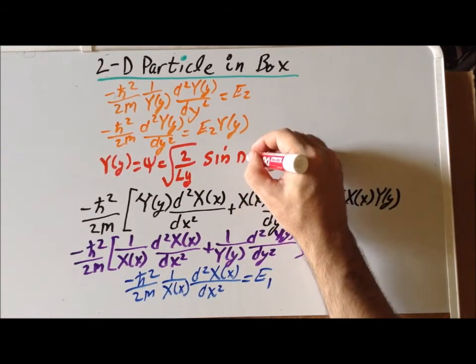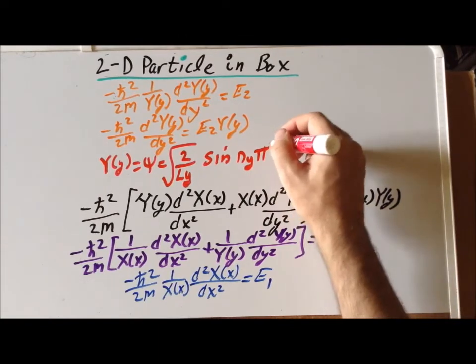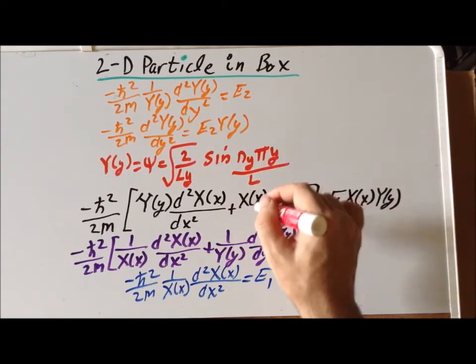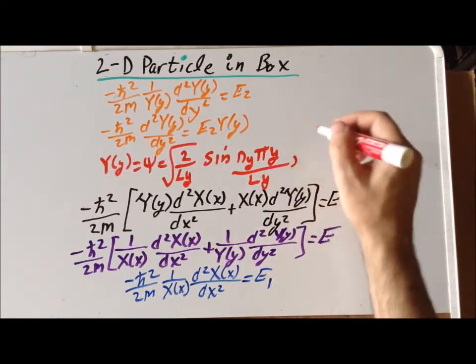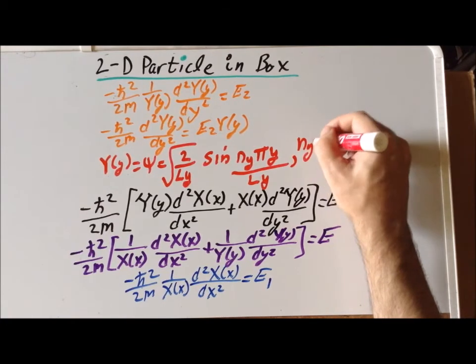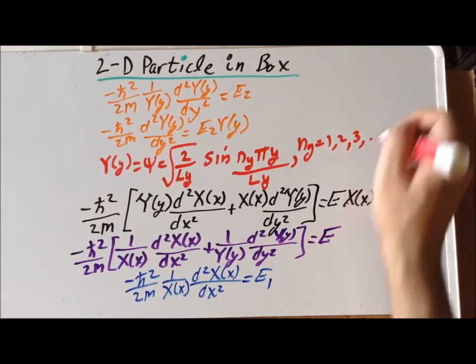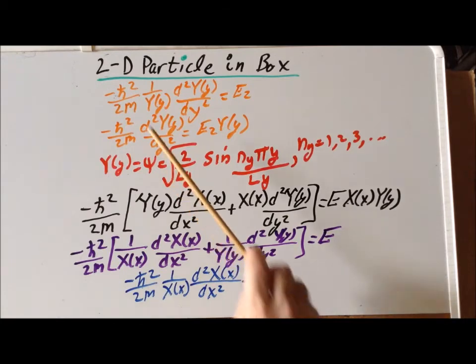So we have n sub y times pi times y, and it's all divided by the length, and the length in the y direction is L sub y. And then we know that the possible values of n sub y will be 1, 2, 3, for example. So we know what the solution is in the y direction if we have a one-dimensional particle in the box that goes in the y direction.